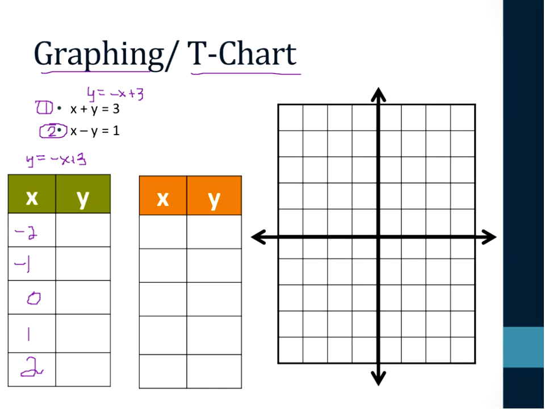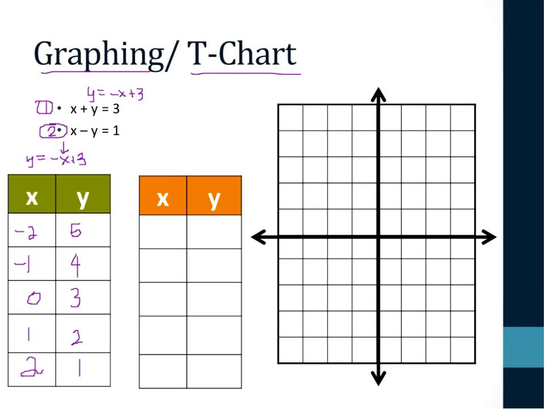So that means I'm going to take my points for x, plug them in here, and figure out what my y values are. And so I can see a negative times a -2 is a positive 2 plus 3 is 5. Negative times a -1 is a positive 1 plus 3 is 4. 0 plus 3 is 3, and I can see because I have a slope of -1, my y values keep decreasing by 1.